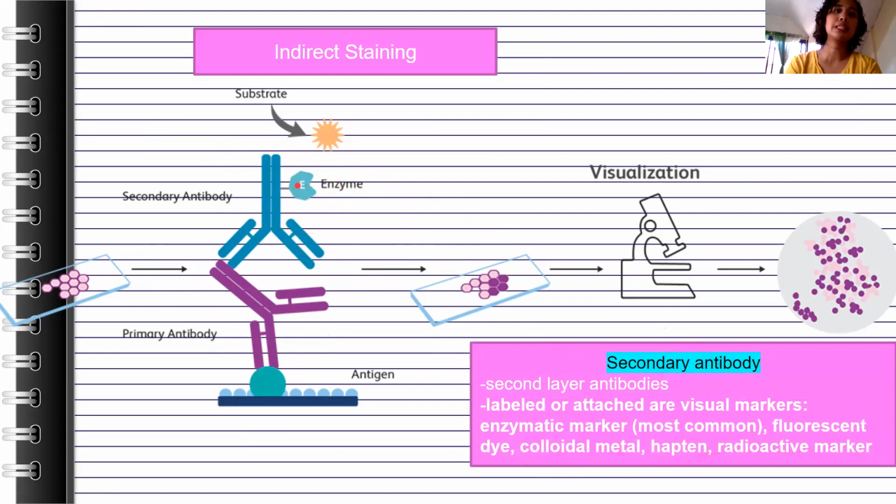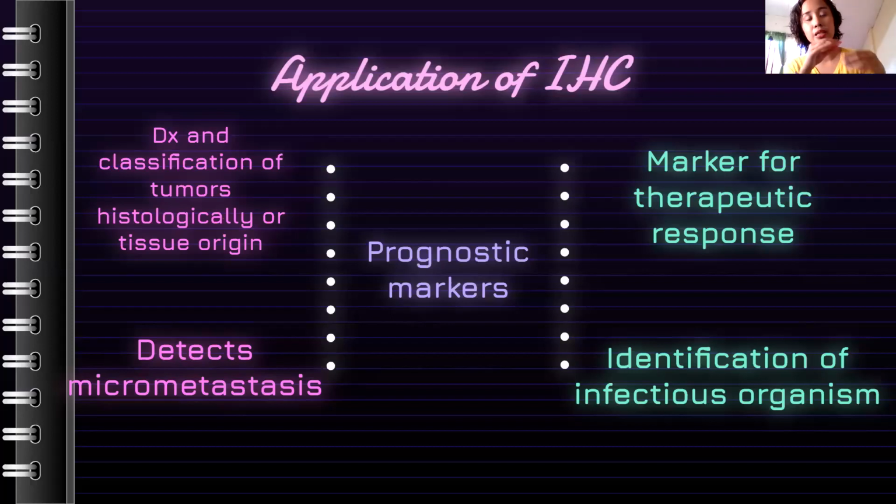Pero so far, enzyme lang naman gagamitin natin. Ayan yung example natin. And class, there needs to be a substrate added to produce a colored product. Laging nag-add ng substrate. Di ba sa CC2 class, enzyme plus substrate is equal to product. Your substrate is transformed into a colored product.